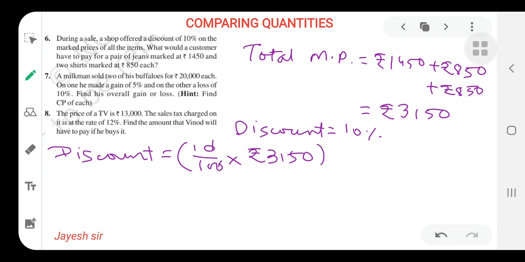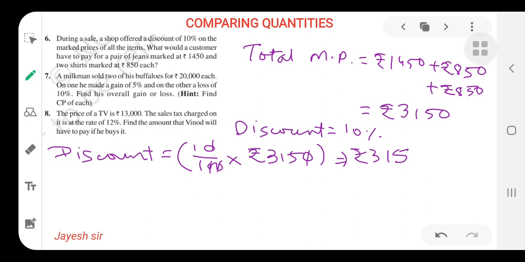Here 10 and 10 cancel, and the second zero cancels with this. So the discount I am getting is rupees 315. So rupees 315 is the discount I am getting while purchasing the things for 3150. I hope you all might be getting it.